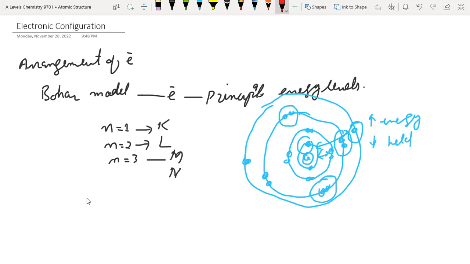This was given by a formula. If n is equal to 1, then it would be 2 electrons. That means the first shell will have only 2 electrons. If n is replaced by 2, the square of 2 becomes 4.